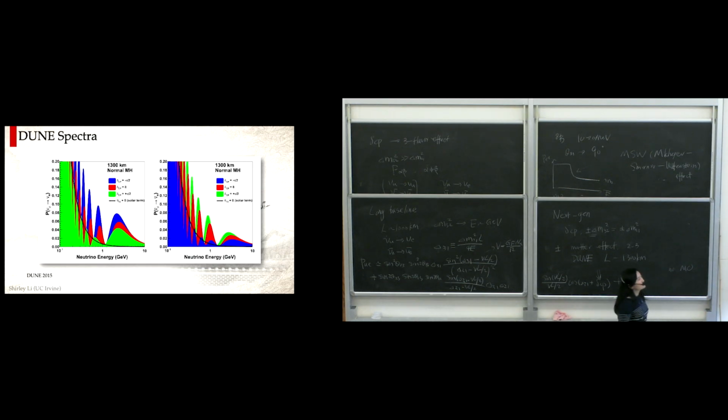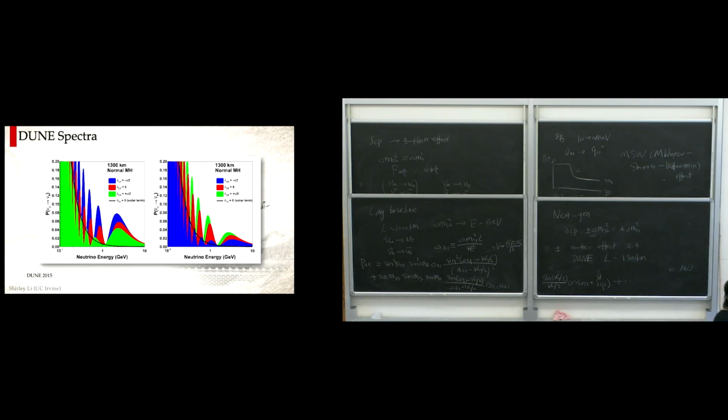On the left-hand side, the probability is higher. On the right-hand side, for antineutrino, the probability is lower. That's a result of the mass hierarchy. Once you turn on the experiment, if you see a lot of oscillation in neutrino and much less in antineutrino, you know that's normal hierarchy. If you invert it, these two plots, left and right, will swap.